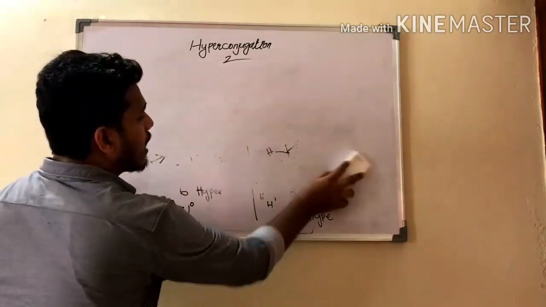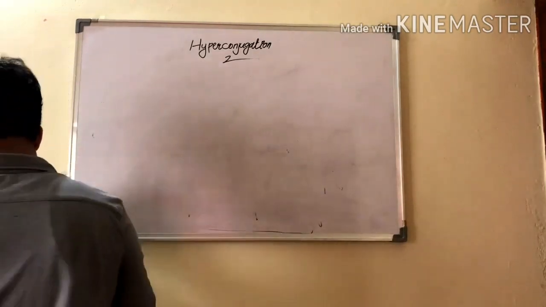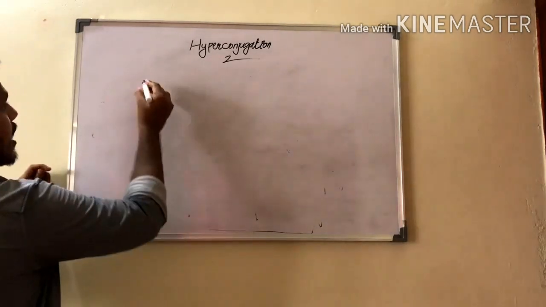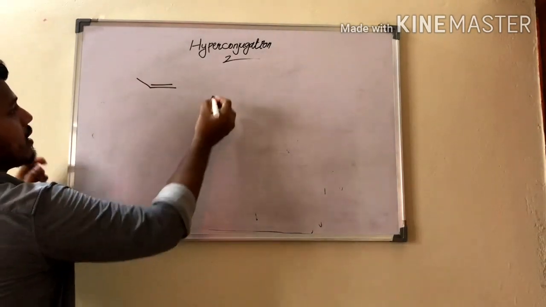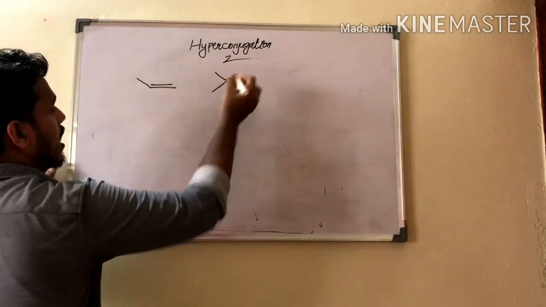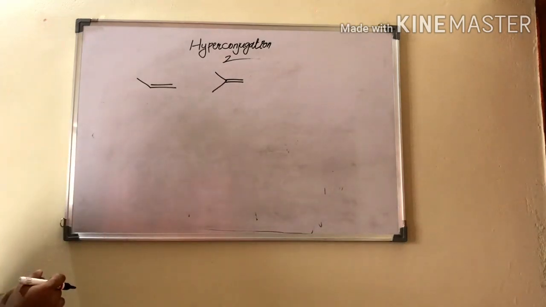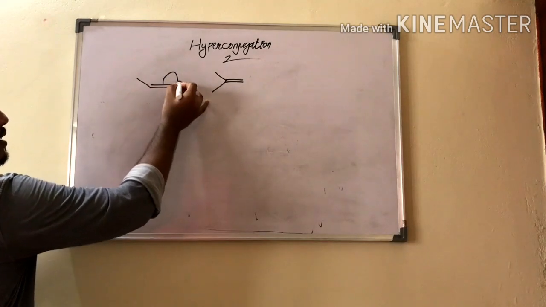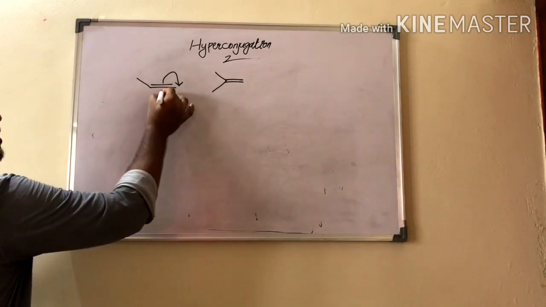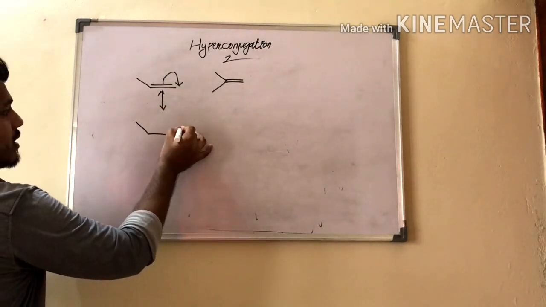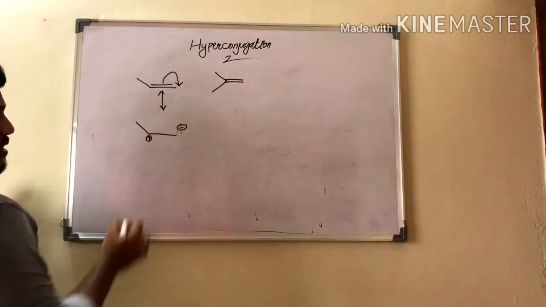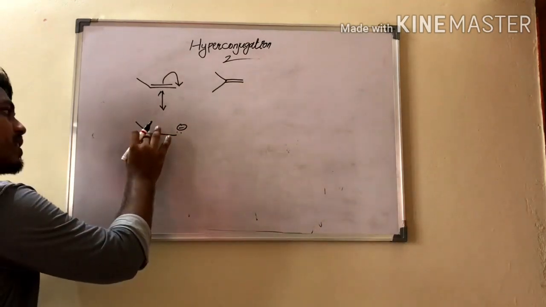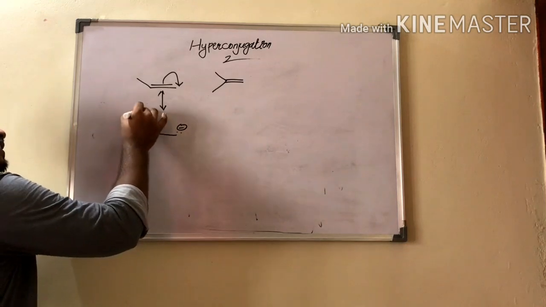We know about alkene stability, right? Suppose I have an alkene like this, another alkene like this. Among these, which alkene is more stable? From this it will move into this position. So what you can expect, negative charge here, positive charge here. Now this is your carbocation, this is your alpha methyl group.